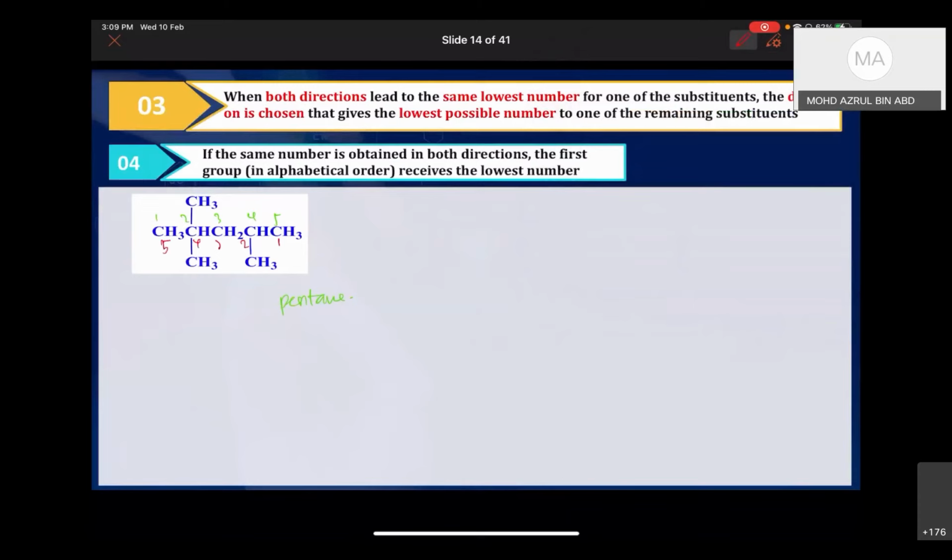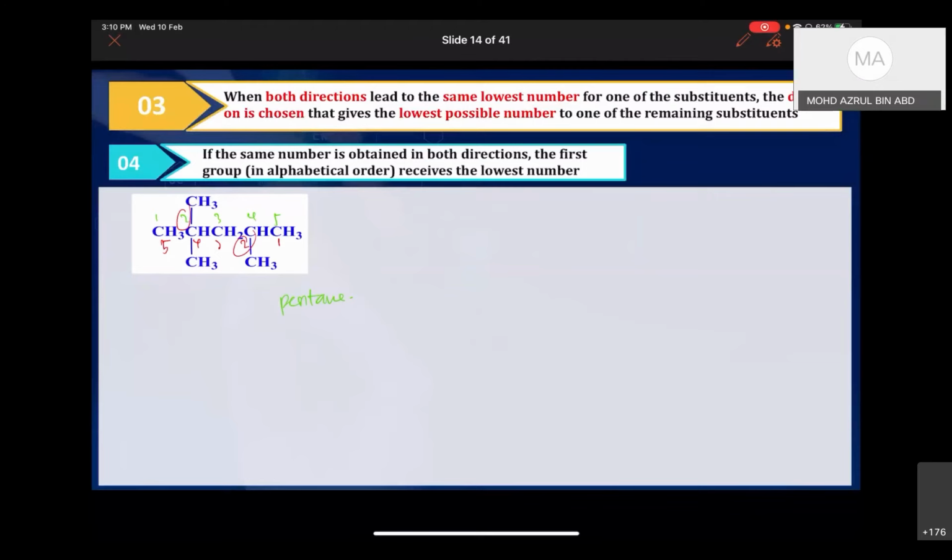Since both directions have the first substituent attached at carbon number 2, the same, if I try from the right side it is carbon number 2 also. So which means we need to calculate the position of the substituents, the lowest number will give the direction that we need to follow.